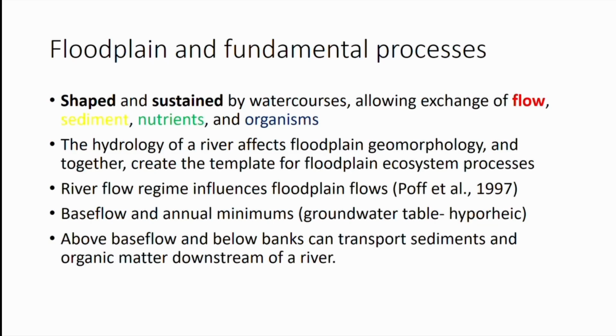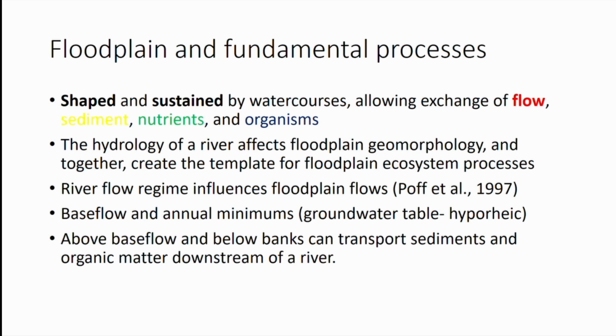If you have, let's say in a dry year, low flow within your river, what we call the base flow or annual minimums, that flow invariably influences the groundwater table adjacent to the river. This groundwater will typically be beneath your floodplain, and that water table is essential in supporting plants within that landform.